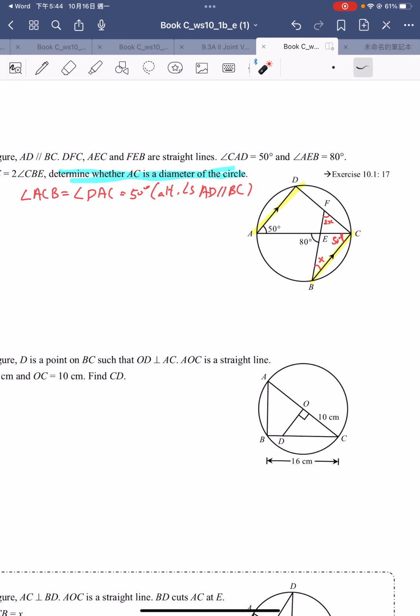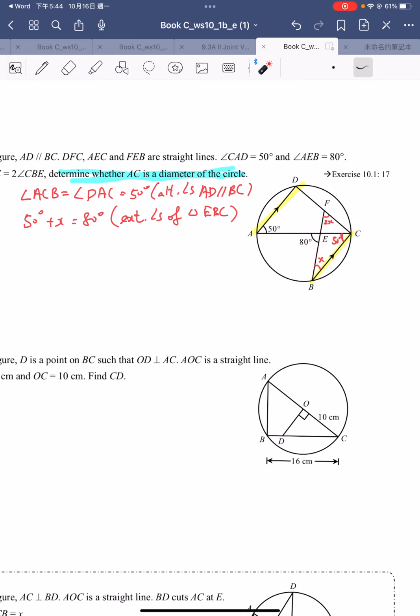If you look carefully at this triangle, and this line is made longer, then we can say these two angles put together are equal to this exterior angle. So we can say 50 degrees plus x is equal to 80 degrees by using the exterior angle of triangle EBC. So I say again, because we have this triangle EBC, these are our two angles, and this 80 is our exterior angle.